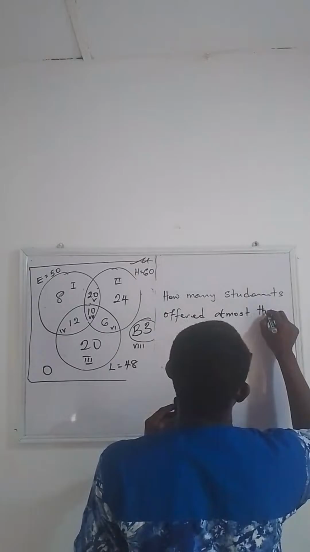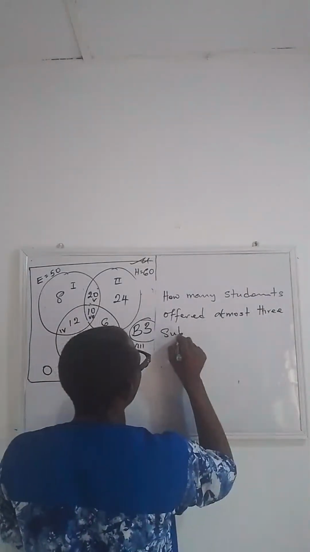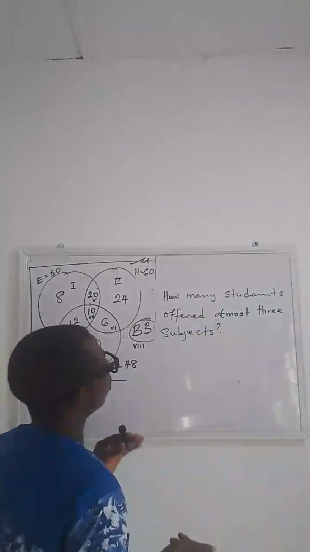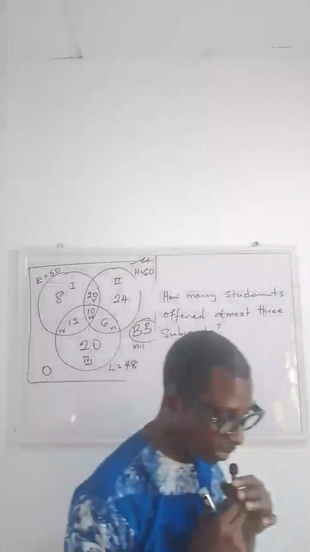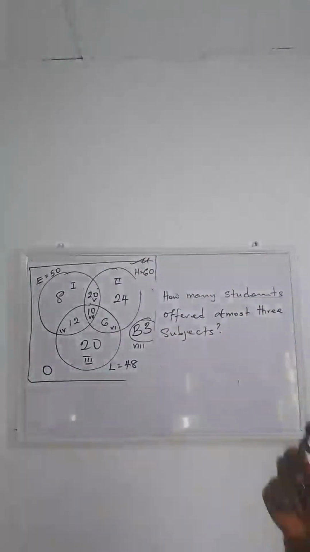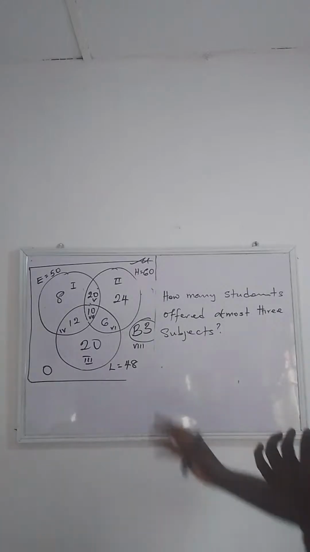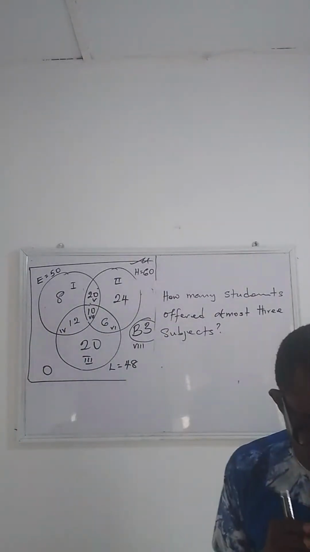How many students offered at most 3 subjects? How many students offered at most 3 subjects? Okay, can we try this one? This is going to be the last one in this session. So let's try it and let's see what we have.